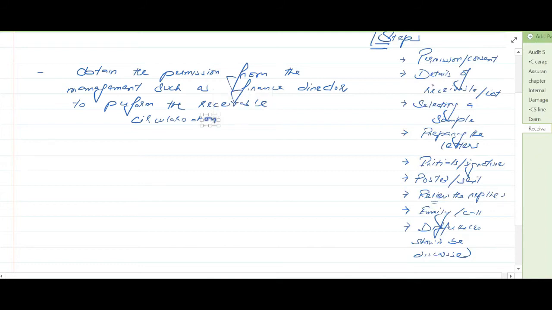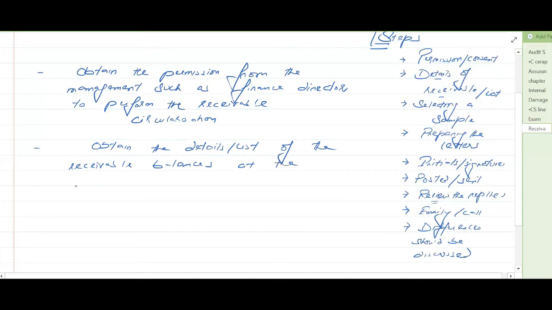Now the second step was to obtain the details. Obtain the details or the list of the receivable balances at the year end.